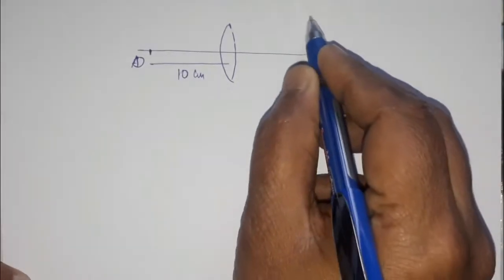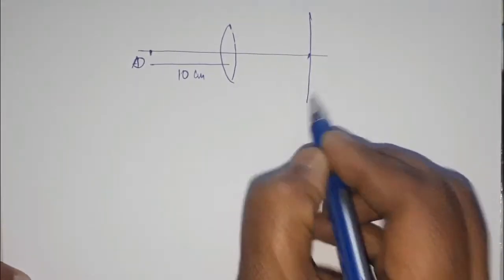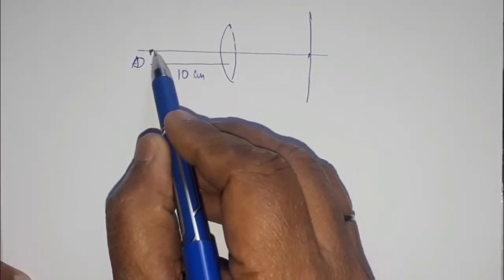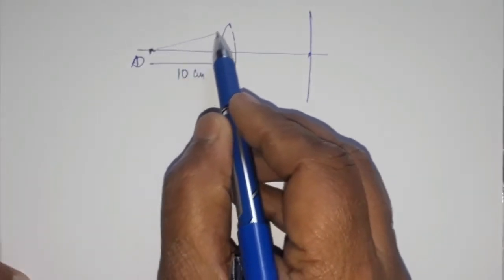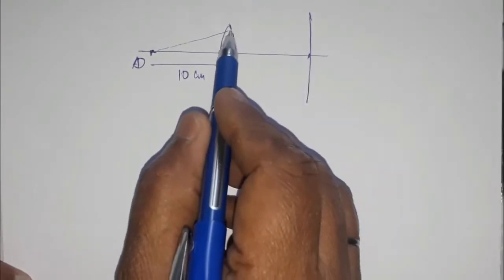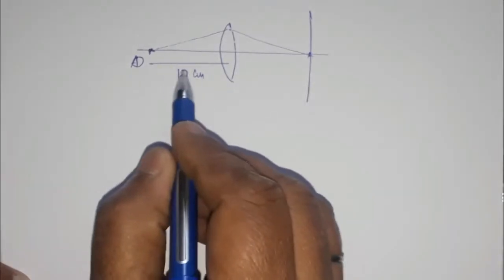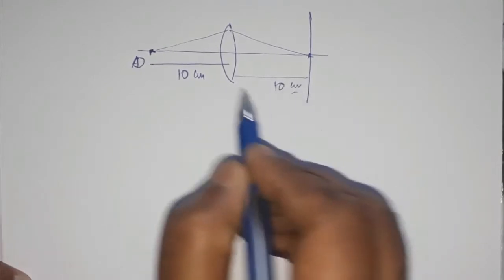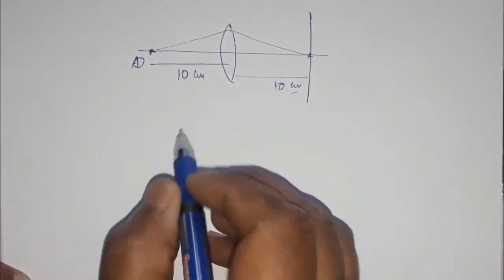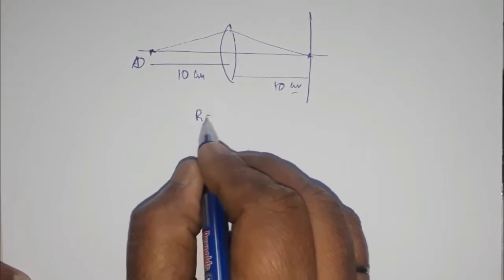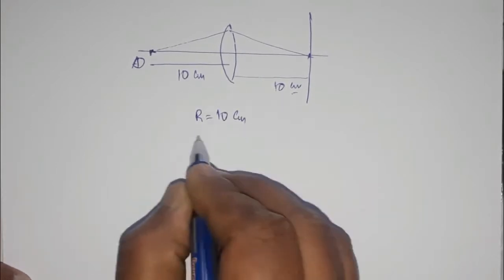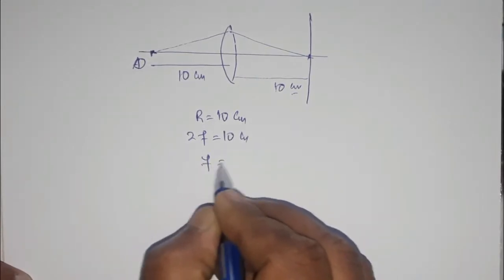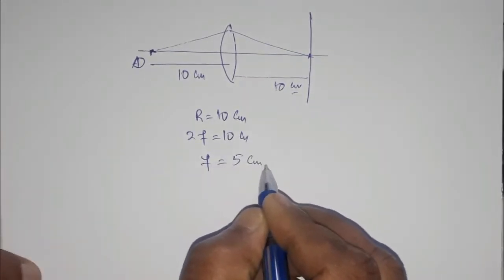And here the screen is placed, that means the image is obtained at this point. If this is 10 and this is 10, then it is understood that R is equal to 10, or 2F is equal to 10, or F equals 5 centimeter.